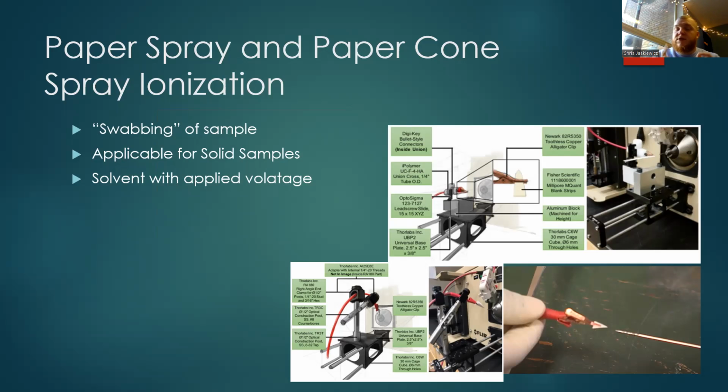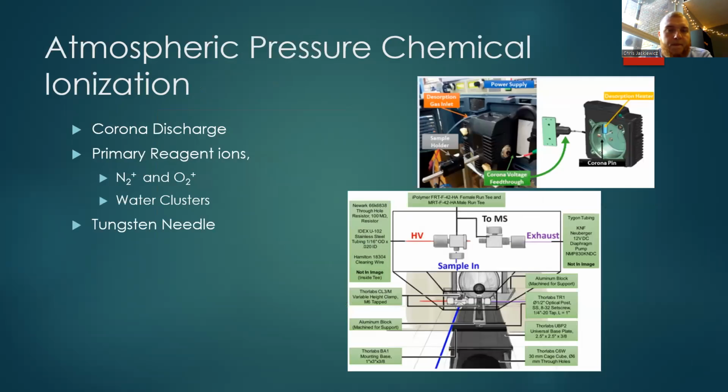They both process through the same idea of having a media that is then introduced with a solvent and applying a high voltage across it to ionize and vaporize that material. Paper cone, it's just really as simplified as I can get. The major difference here is that the paper is now in a cone to hold that solid material versus just a flat piece of filter paper there.